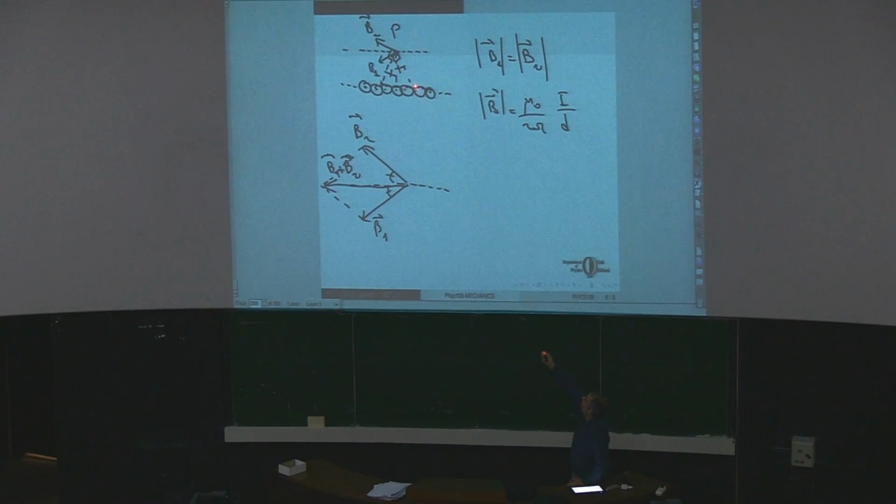Since for every contribution from this side, there is a symmetrical contribution from the other side, the sum cancels the vertical component. That we know. It's not circles, they are horizontal, parallel to the plate.